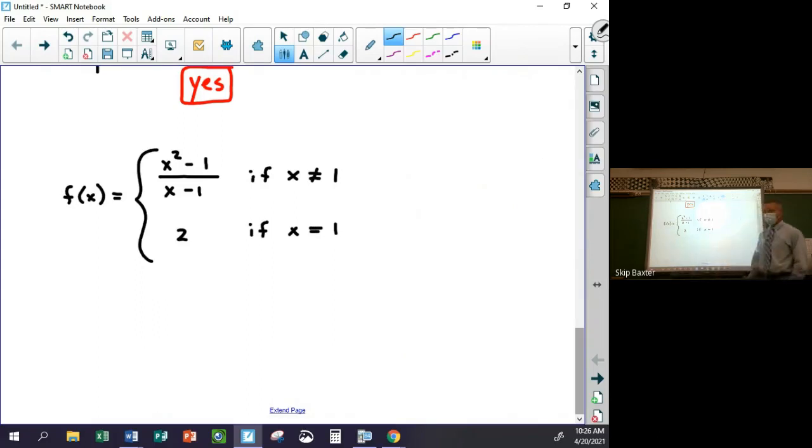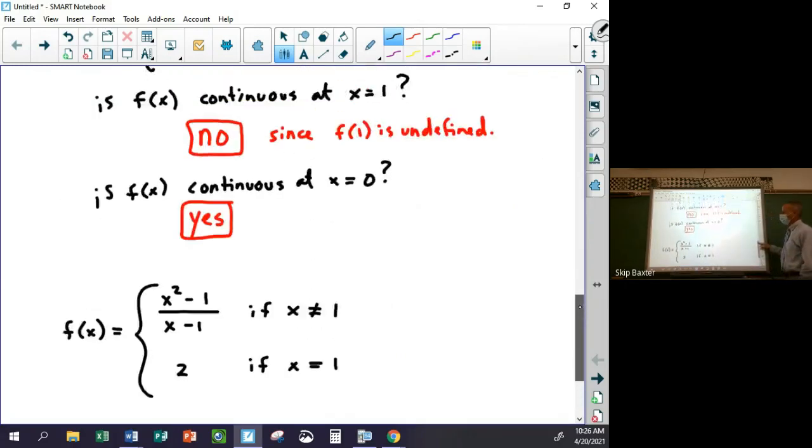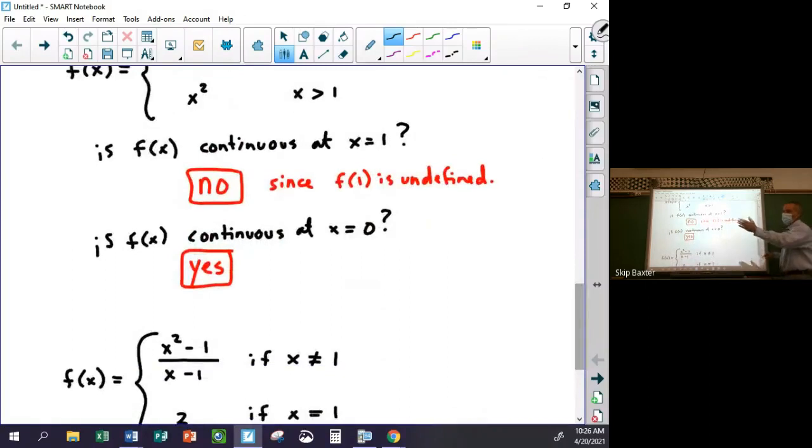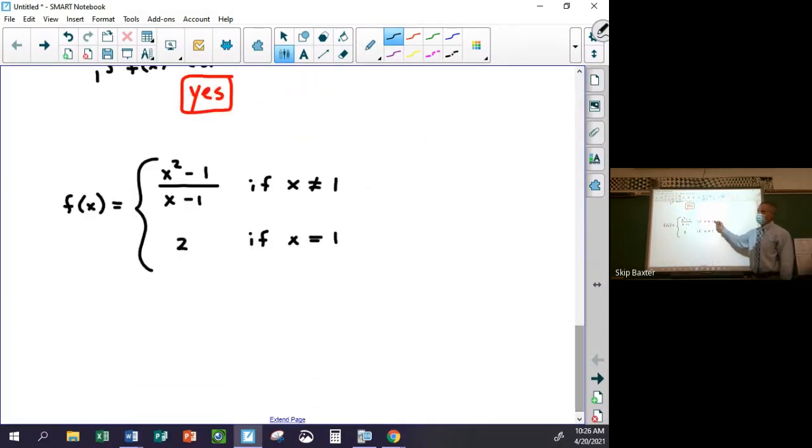All right, so this one's a little bit different because the intervals in which the pieces are defined aren't like everything to the left of this number and everything to the right of that number. Instead, it's like everything except a number and then at that number.